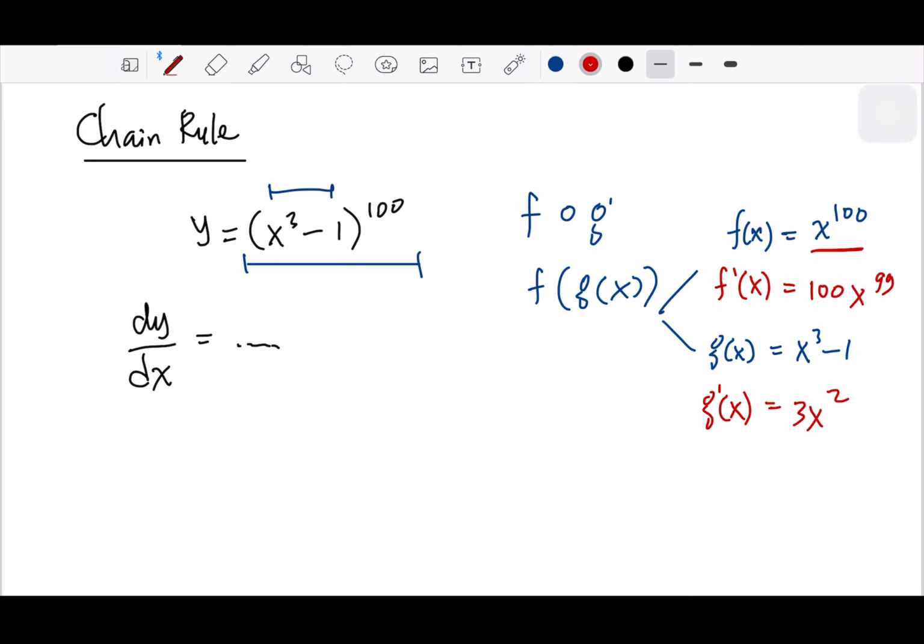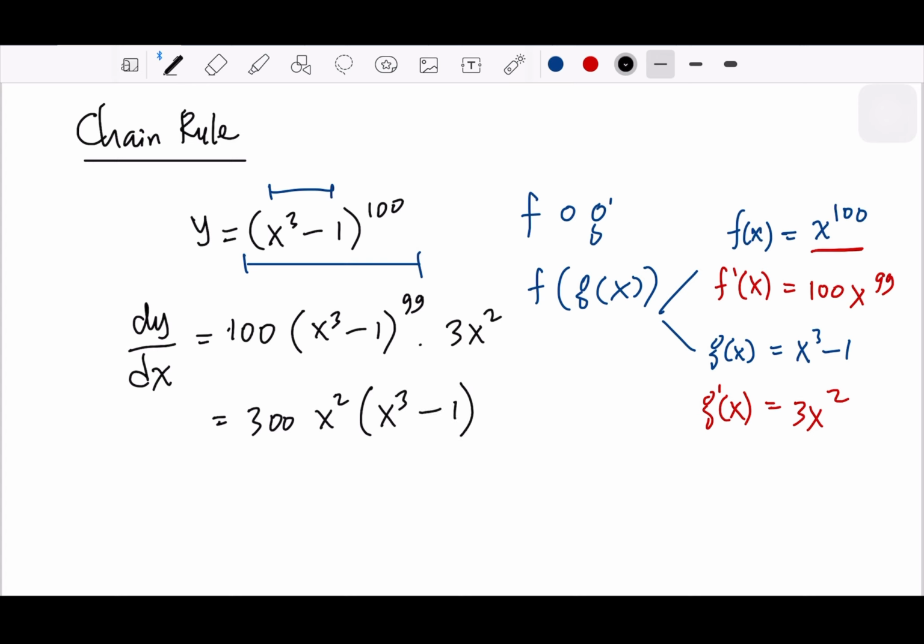Now the chain rule will be, because g is inside f, we can write this composition as 100 times (x cubed minus 1) to the power 99, and then multiply with g prime. Or we can directly write 300 x squared (x cubed minus 1)^99.